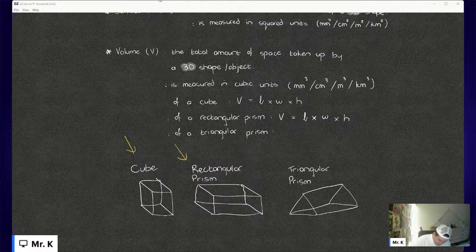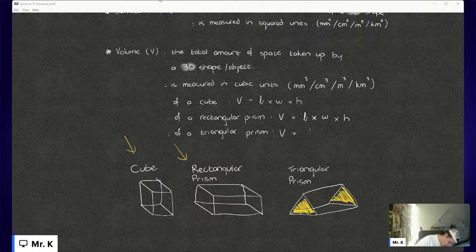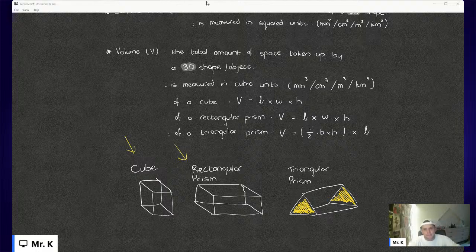A triangular prism obviously has a unique element in the sense that it has triangles as part of the shape. For that reason, when we look at the volume of a triangular prism, we are looking at a half times base times height, right? That's the area of a triangle times the length of the entire prism. Okay, I hope that that makes sense, guys.